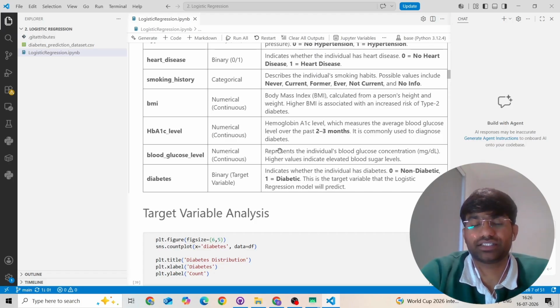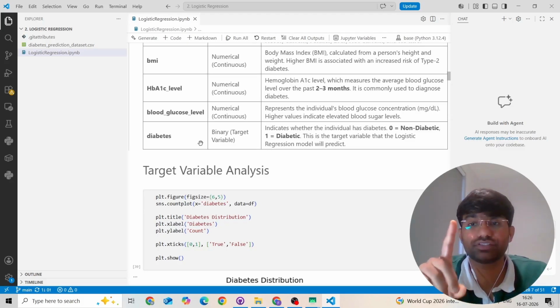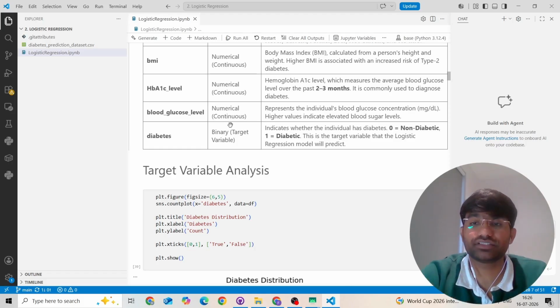These are the medical test reports. These two columns are numeric and continuous variables. And diabetes is our target variable. We are building the model to find whether the patient is diabetic or non-diabetic. 0 stands for non-diabetic and 1 stands for diabetic.